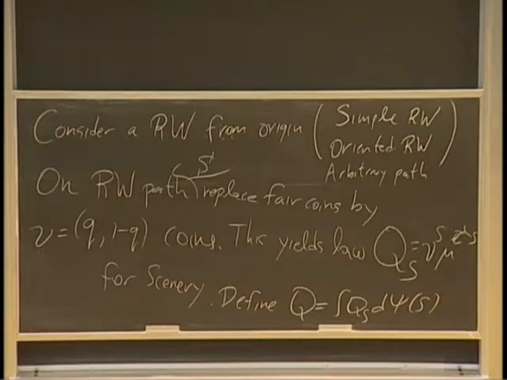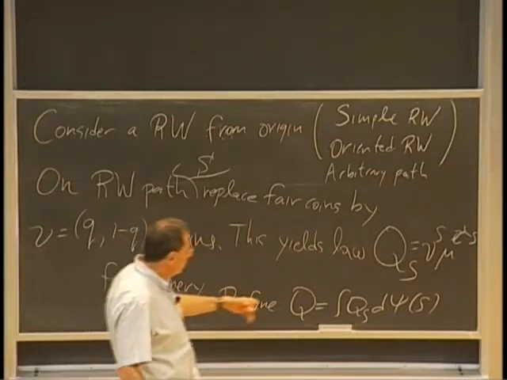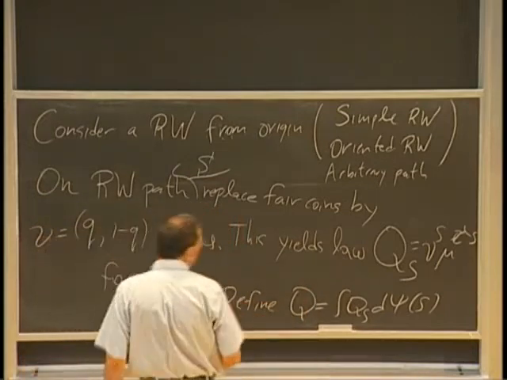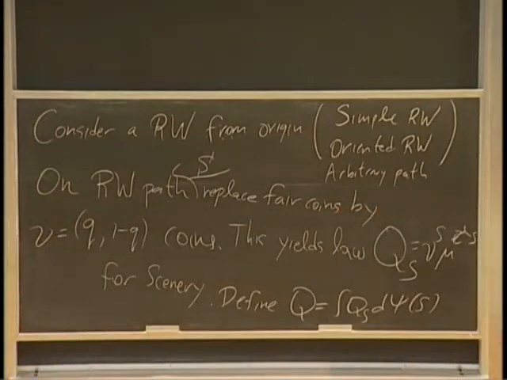Is the setup clear? What is observable? Observable is a sample from this measure Q. So all we see is our pluses and minuses, and you don't know anything except seeing these minuses and pluses.